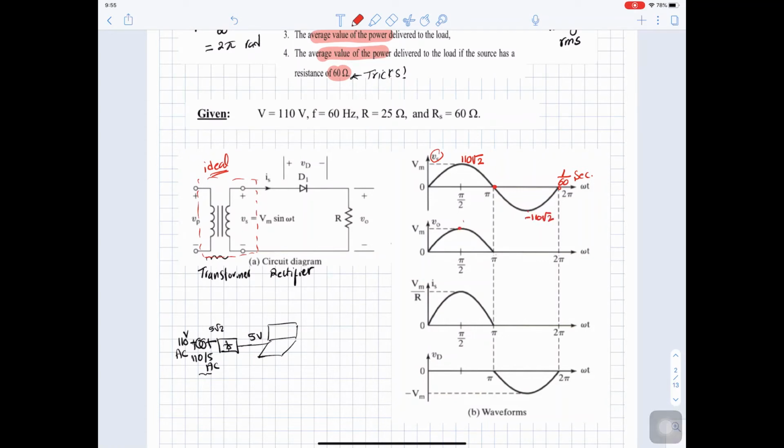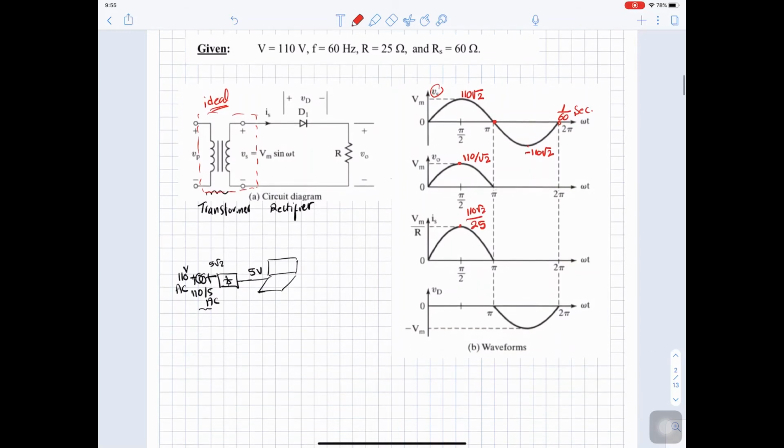The maximum value for V output will be 110 root 2. For I out, it will be 110 root 2 divided by R, which is 25 ohms. V diode, the value here is negative 110 square root 2, and we mentioned that this value is the peak inverse voltage, 110 root 2 volt.